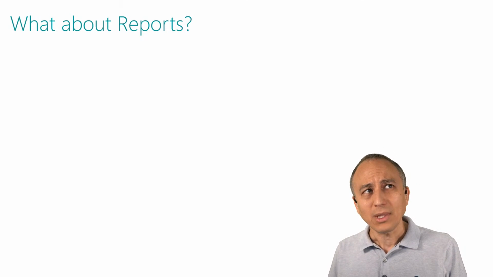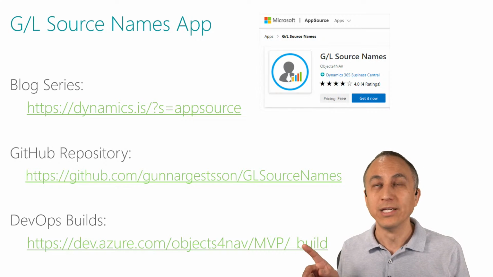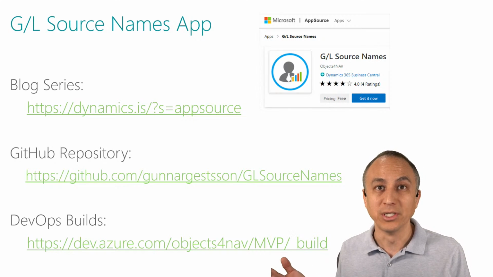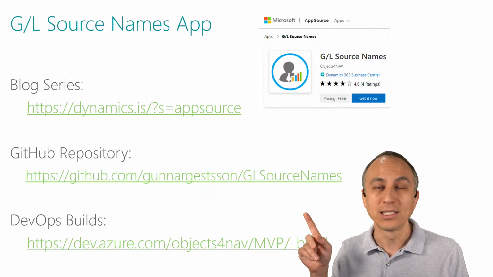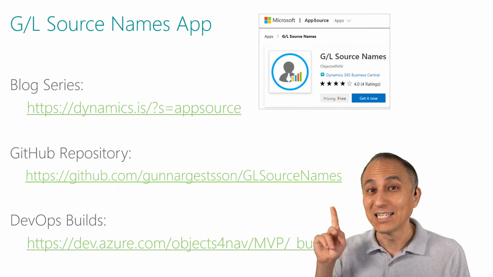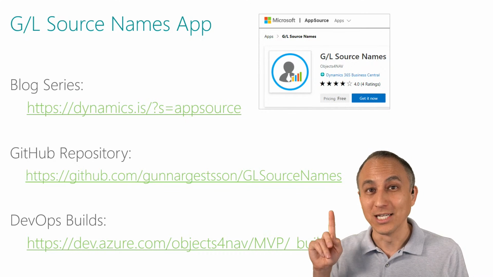And so related to the GL Source Names app, in addition to it being a free extension, Gunnar has a fantastic blog series from 2016 where he developed this AppSource extension.